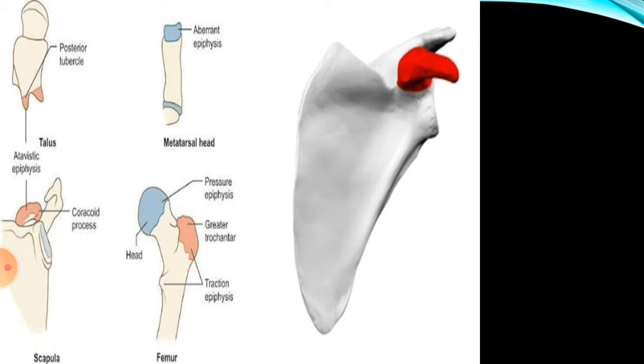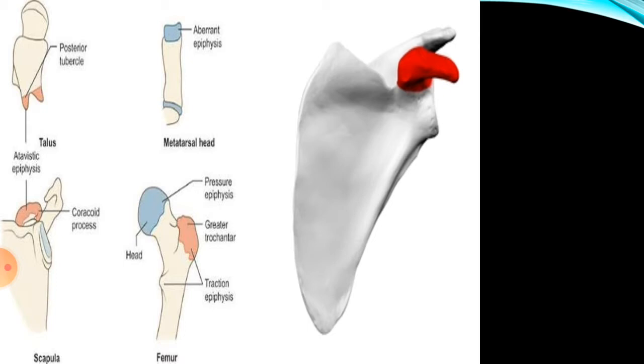Pressure epiphysis is that part of your long bone that takes part in the formation of a joint, and we know that this part will be a weight bearing part, so that's why we are calling it the pressure epiphysis.